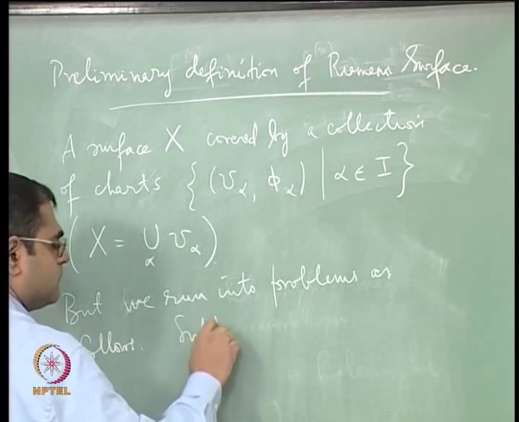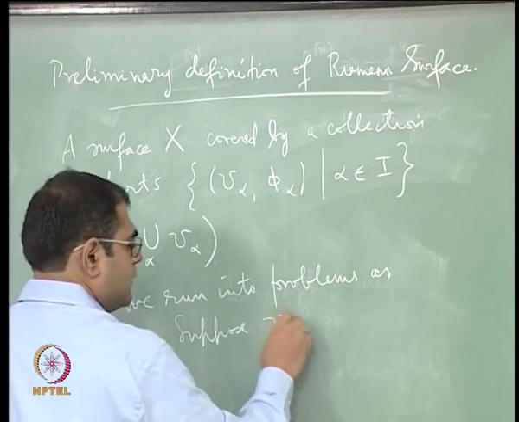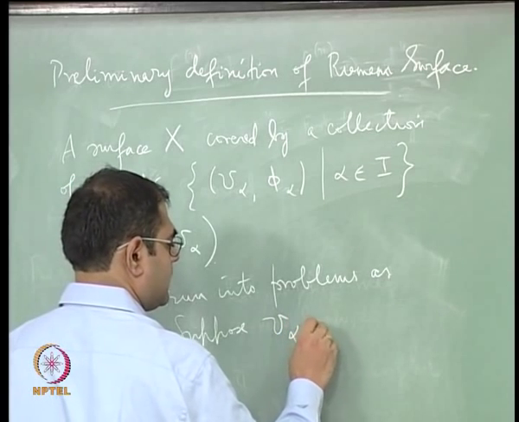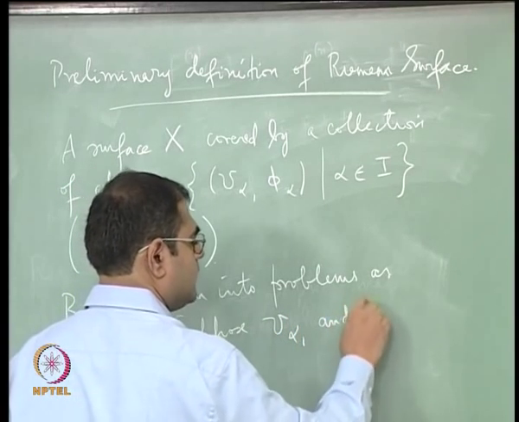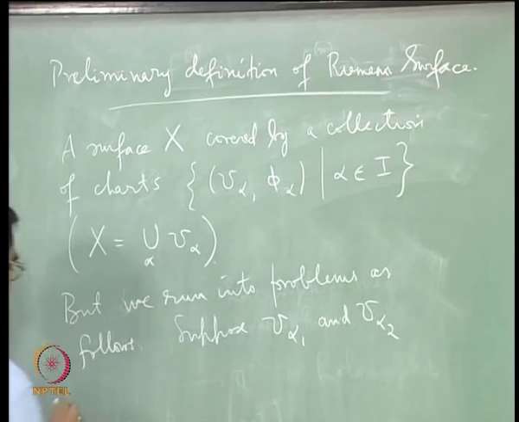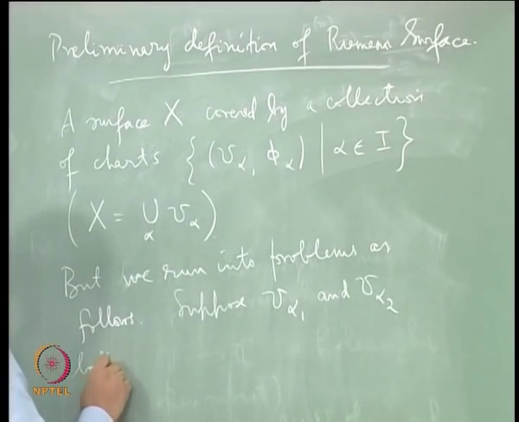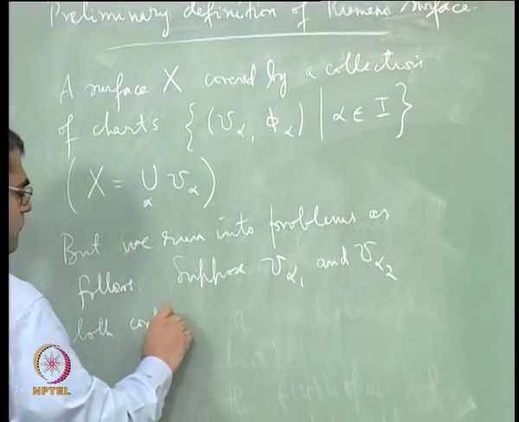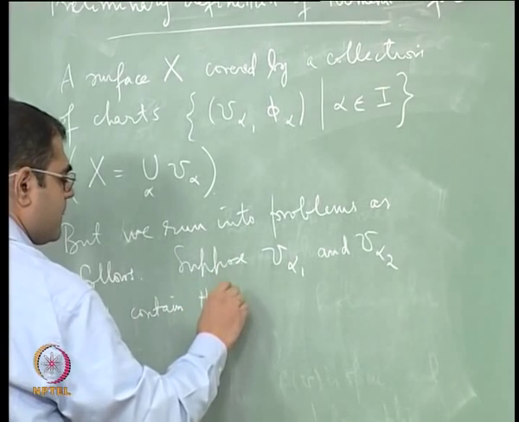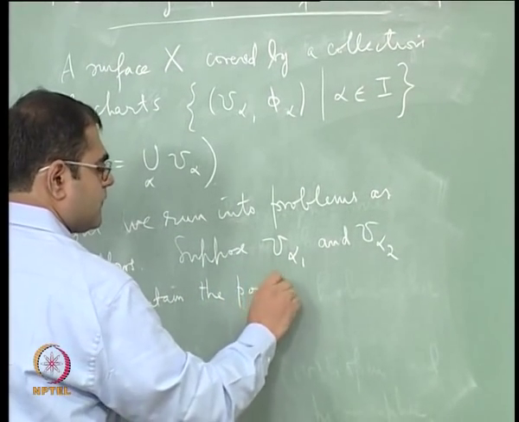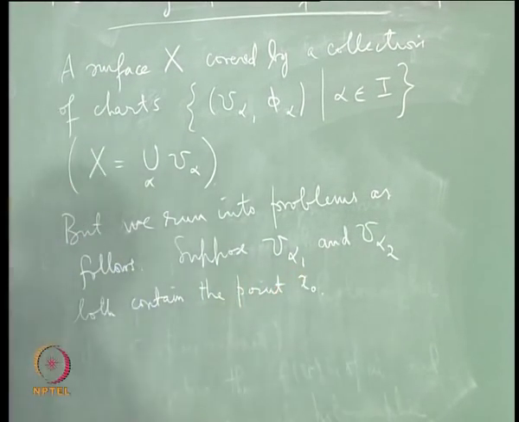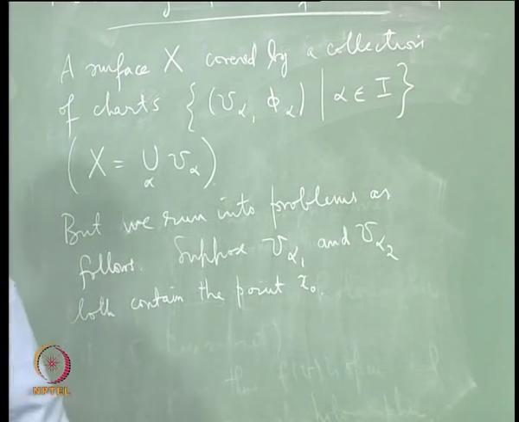Suppose u alpha 1 and u alpha 2 both contain the point x naught. Okay, so let us look at this situation. Let me draw a diagram. I would need a larger diagram, so let me go back here.